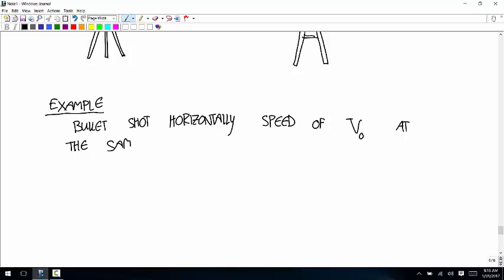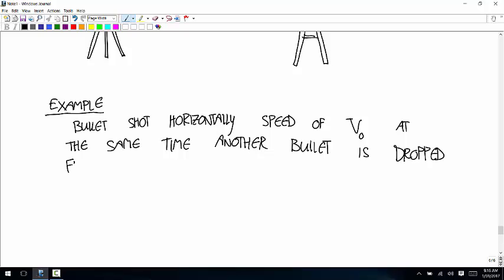At the same time, another bullet is dropped from the same height. Which bullet hits the ground first?